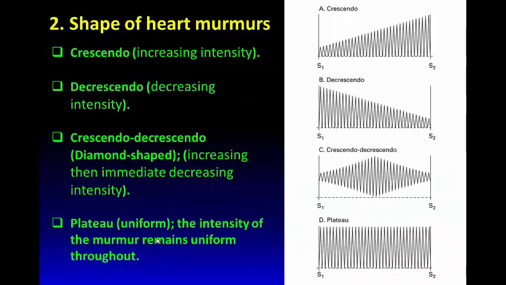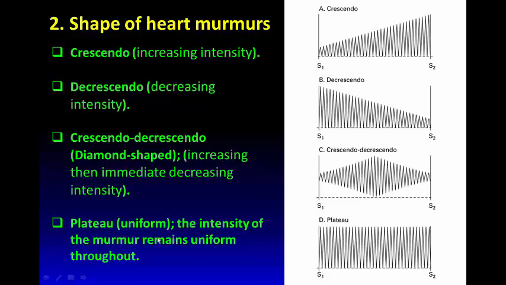Based on the shape of the heart murmurs, the murmurs are classified into crescendo murmurs with increasing loudness, with increasing intensity, decrescendo murmurs with decreasing loudness, with decreasing intensity, and crescendo-decrescendo, or diamond-shaped murmurs, with increasing and then immediately decreasing loudness and intensity of the murmur.